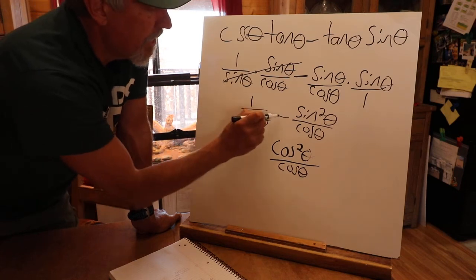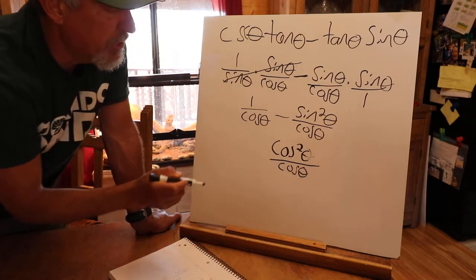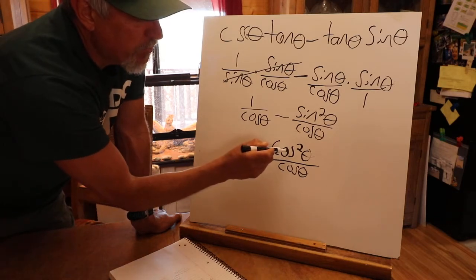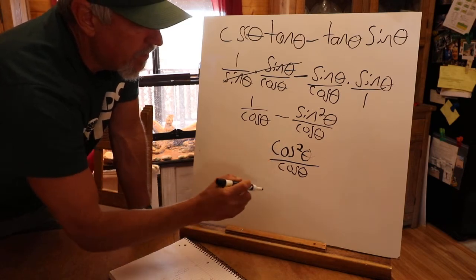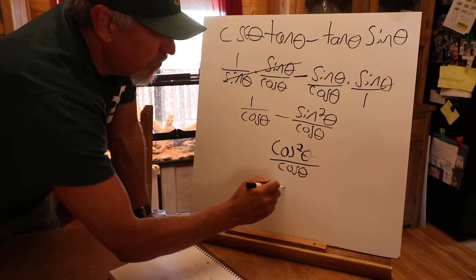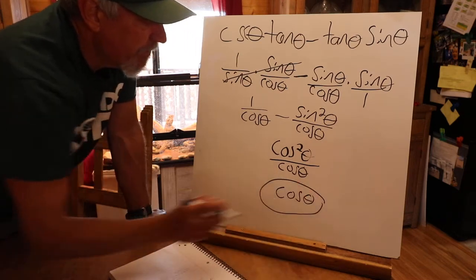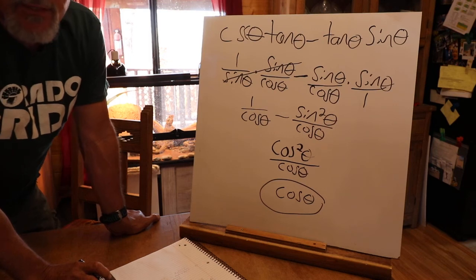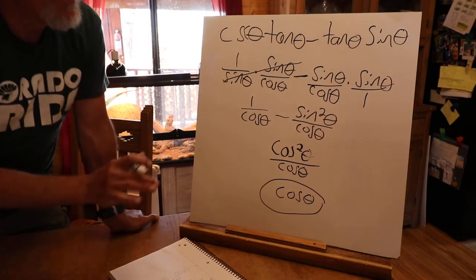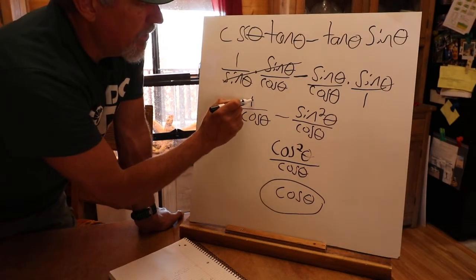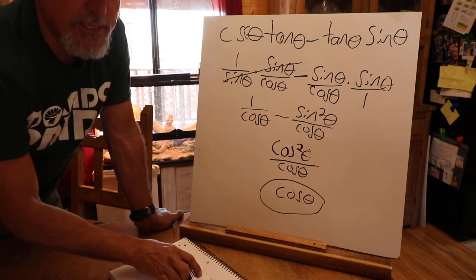This one take away sine squared turned to cosine squared by the step I just showed you. Cosine squared over cosine, this means you have two cosines on top of one cosine. They'll cancel to just a cosine of theta and you're finished. That's a little trickier step, and that's why we're going to kind of take it slow and easy on these. But that's a common thing, taking an equation and rewriting it by rearranging the identities.